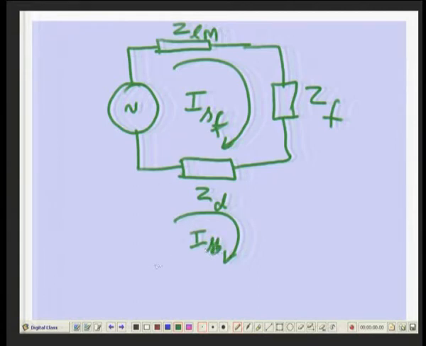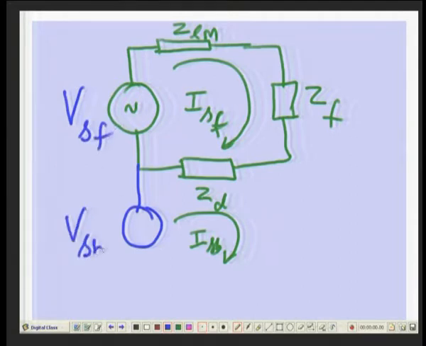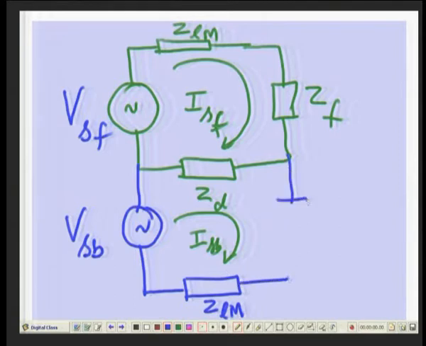the other way around. If I write the other circuit, this will be VSF and this will be VSB. In that circuit the loop impedance will also have ZLM and ZB and ZD.